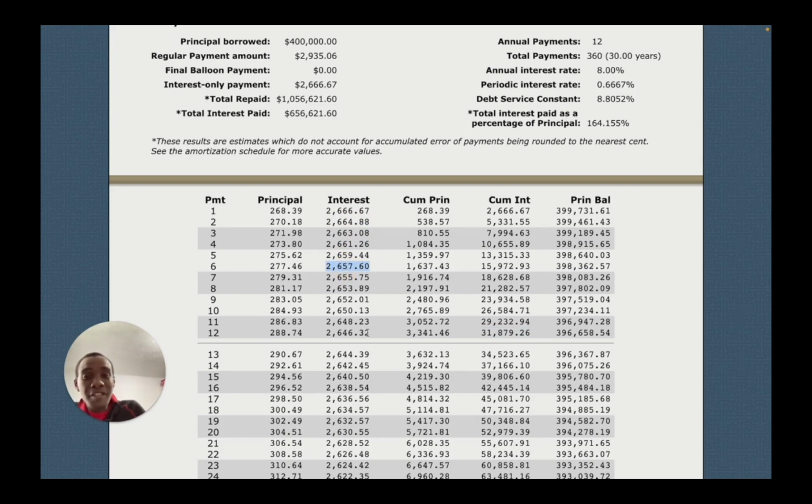And the total amount of money that you will actually be able to save is $29,212.59. Look at that, over $29,000.